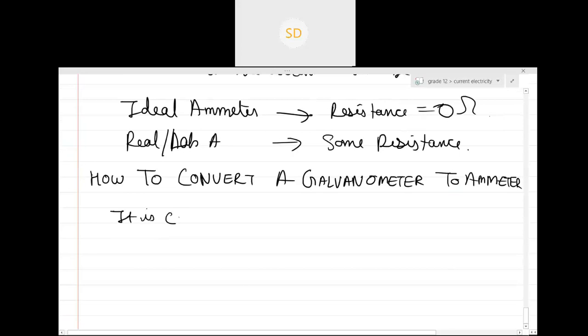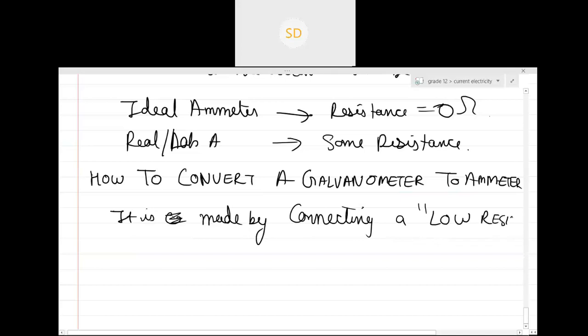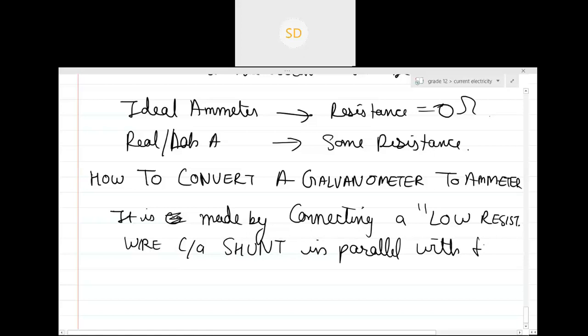It is made by connecting a low resistance wire called a shunt in parallel with the galvanometer.